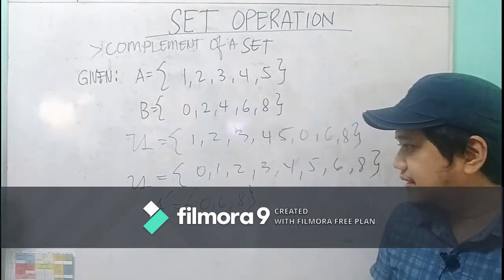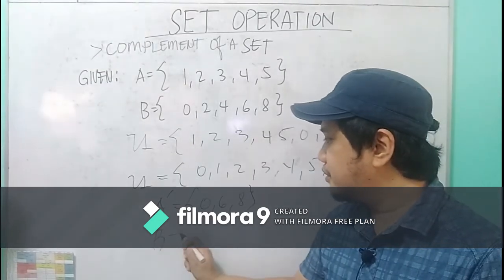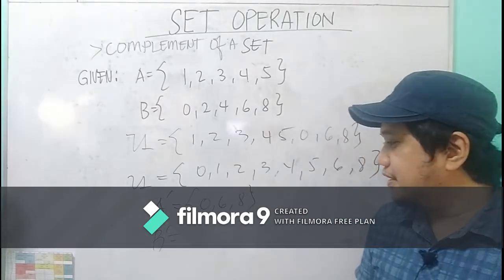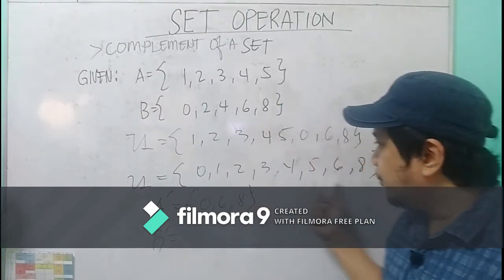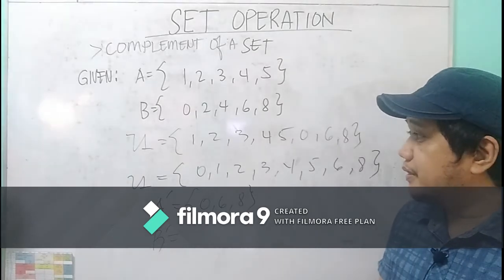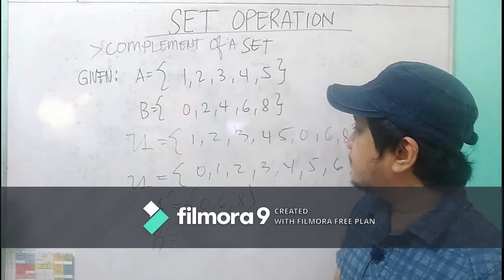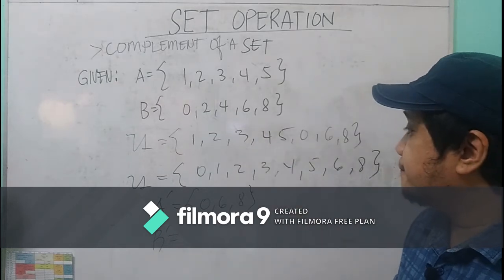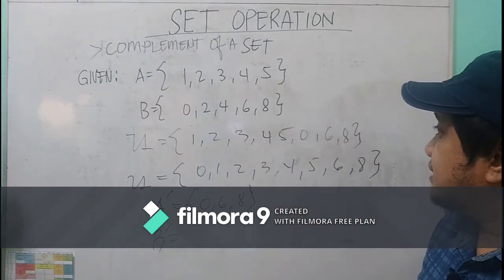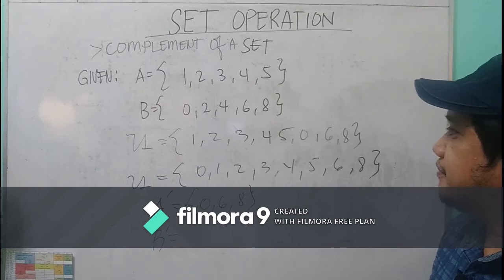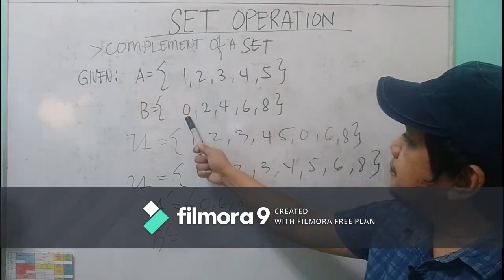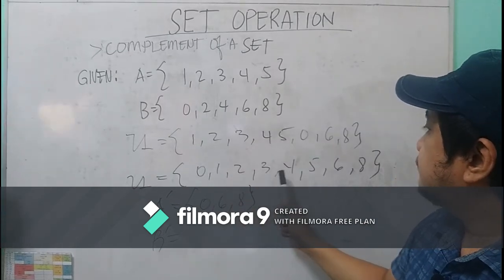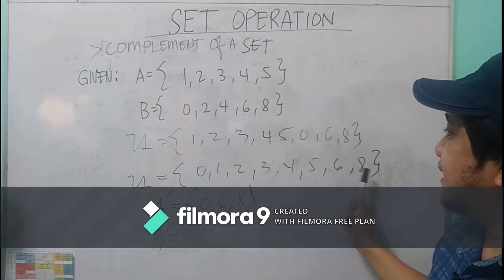That same process will be used for us to determine the complement of B. It is always with respect to our universal set. So what are the elements of the universal set that are not in B? You'll just evaluate our given. B has 0, 2, 4, 6, and 8.